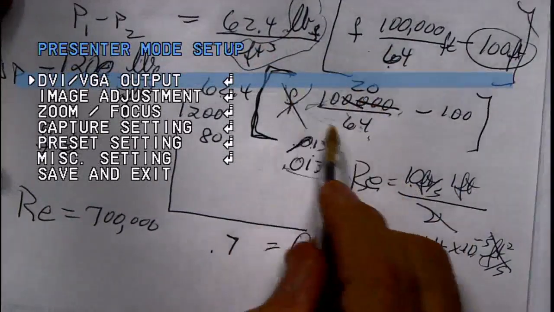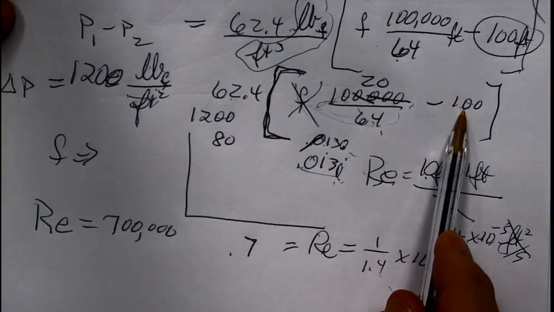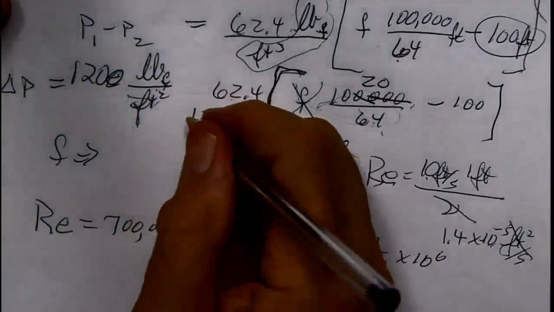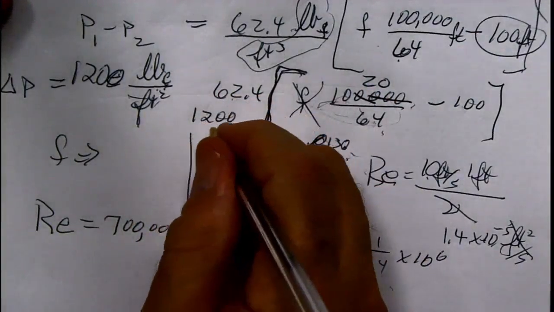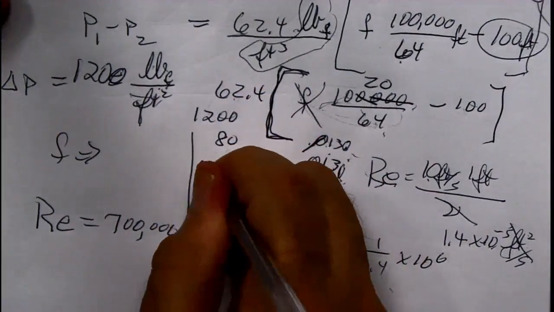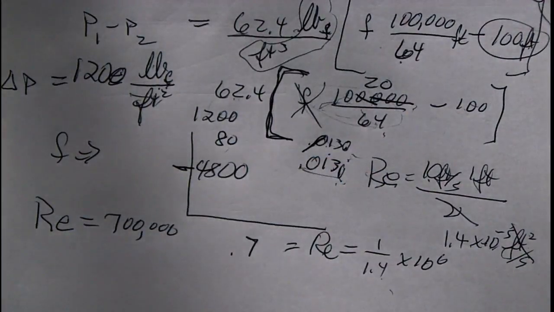This number is still 20. The whole number here is still 20. Minus 80, or excuse me, 20 minus 100 is 80. Then I have 60 times 80, 6 times 48. That would be negative. That's kind of cool.